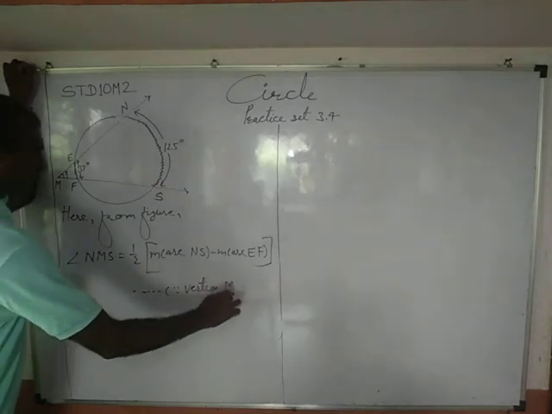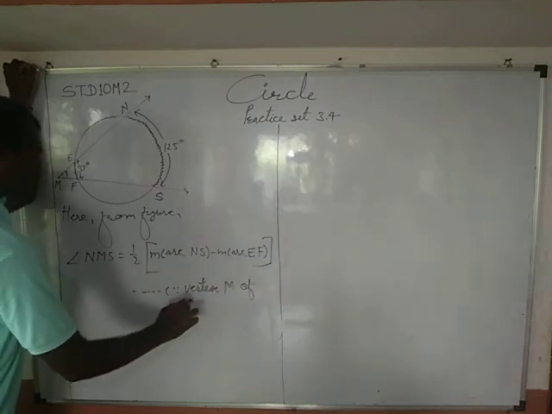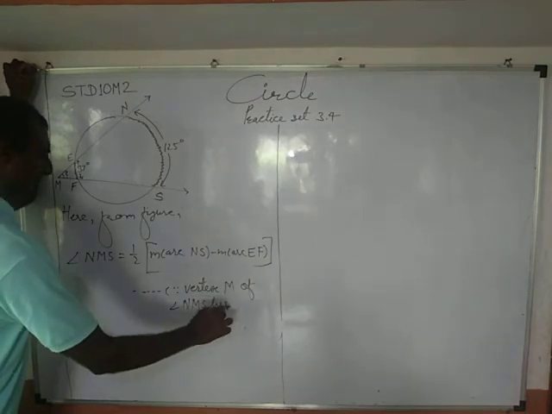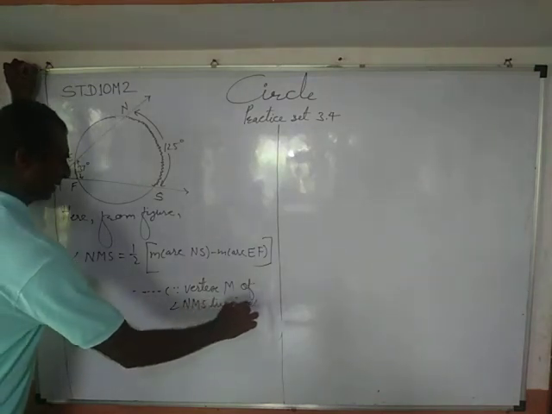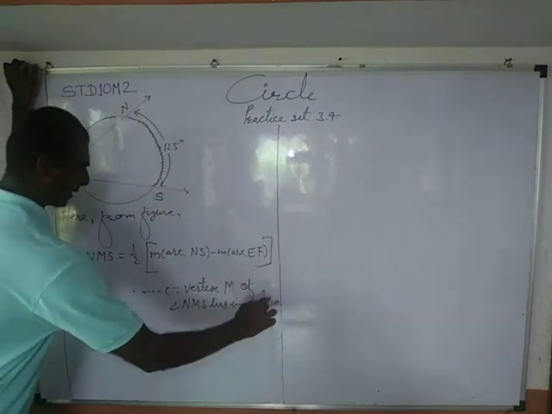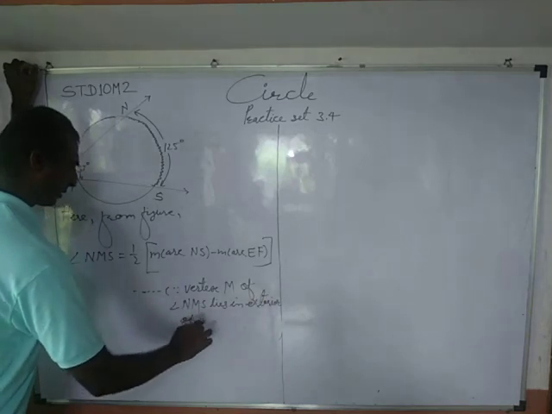since vertex M of angle NMS lies in the exterior of the circle.